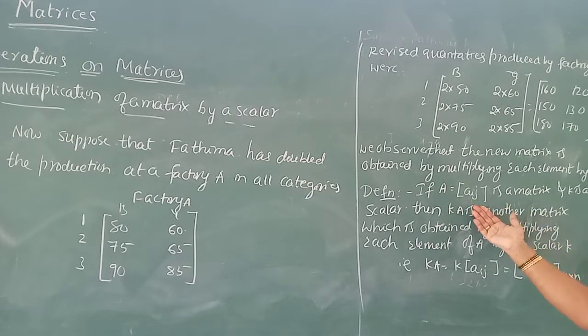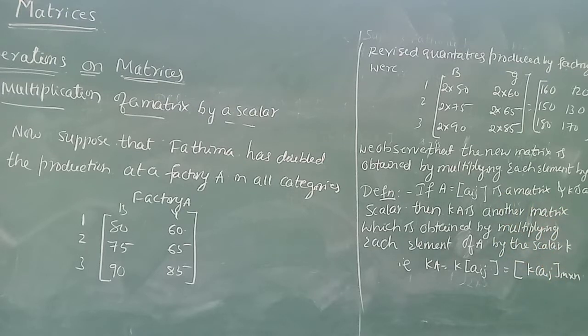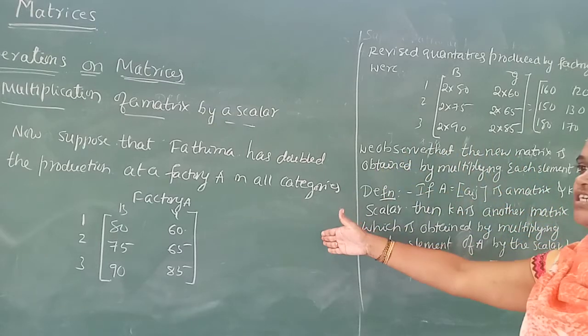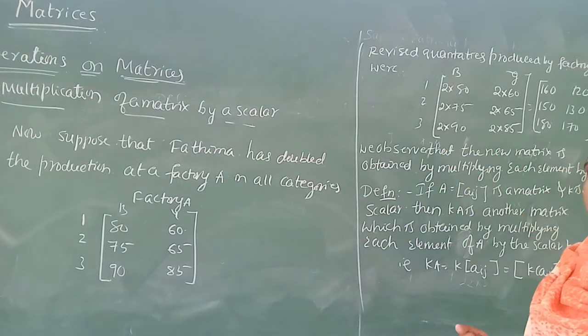If a matrix is A equal to Aij, and K is any scalar, here we considered K as 2, but K can be 2, 3, 4, whatever.